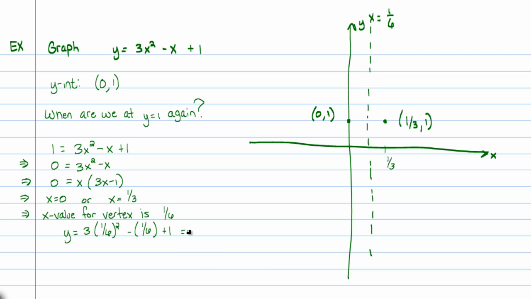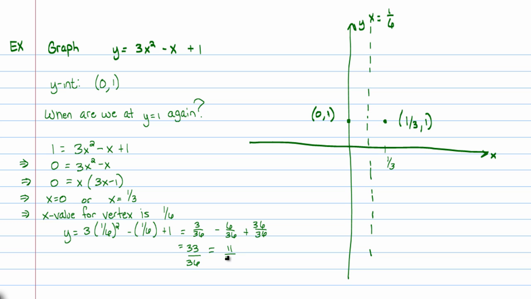So let's see here. That would be 3 over 36 minus 6 over 36 plus 36 over 36. Really, I'm just finding common denominators here. That'd be negative 3 over 36 plus 36 over 36, or in other words, 33 over 36. Both these numbers are divisible by 3.